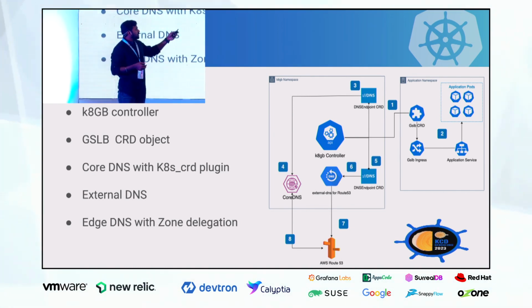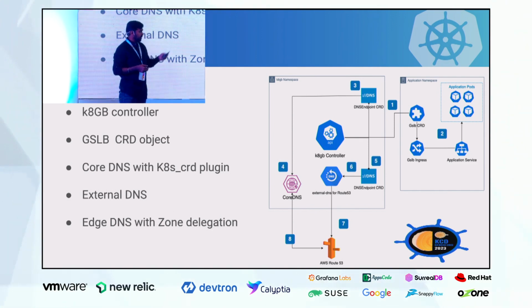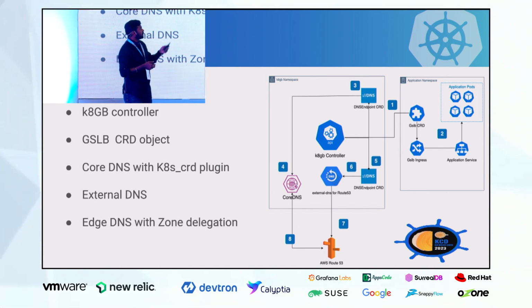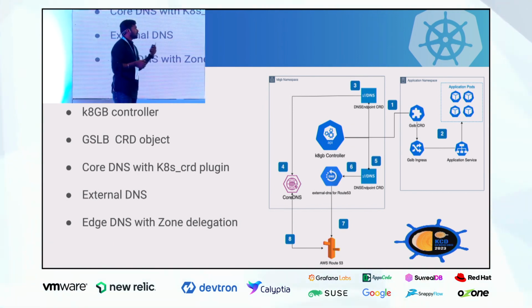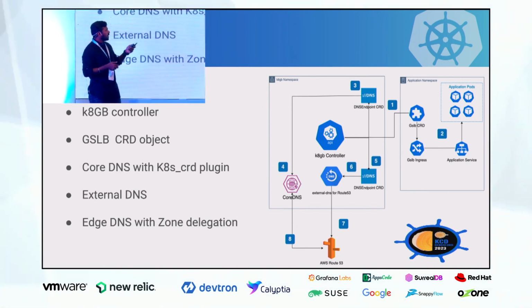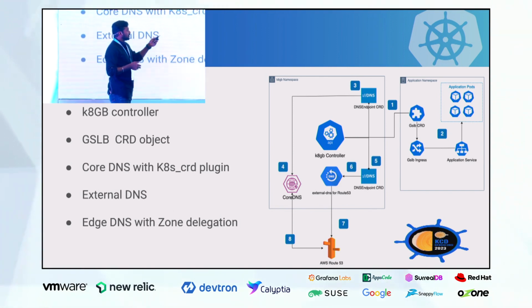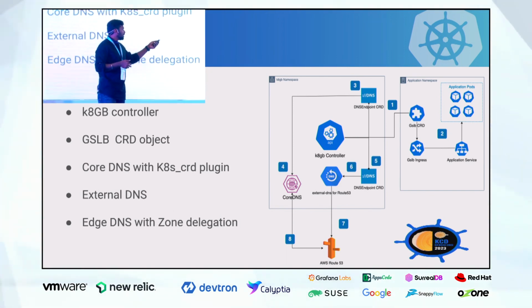The KGB controller creates the DNS endpoints CRD based on the application health check and on whether the ingress IP is updated on the ingress status object. So the DNS endpoint is updated by the KGB controller. CoreDNS listens for those changes and updates the A records. The external DNS does the zone delegation.